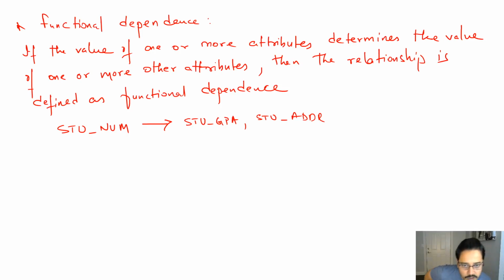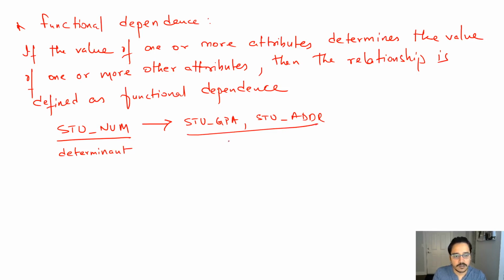So we're just specifying a small excerpt of the complete functional dependency that can be present here. In this particular relation, this part is known as the determinant, and this part of the relation is known as the dependent.